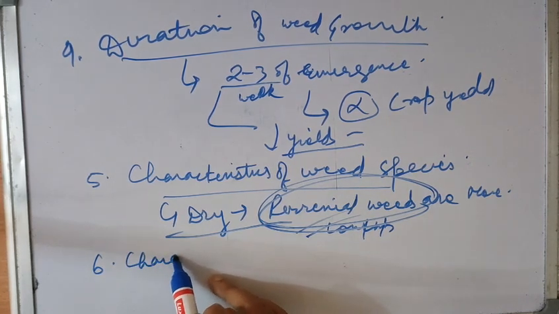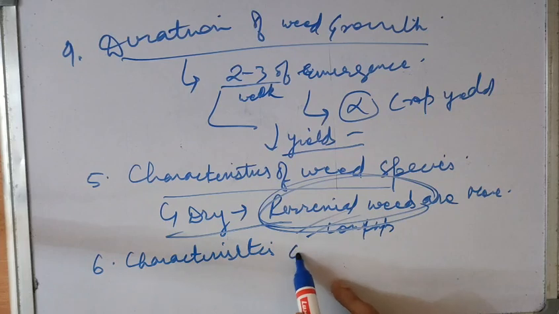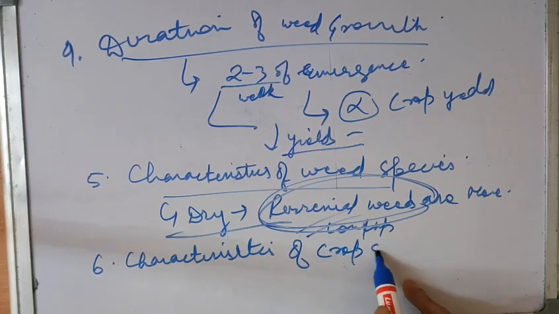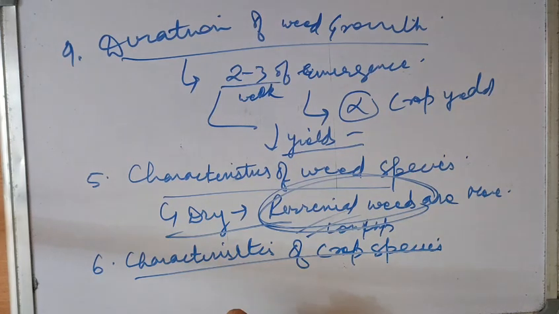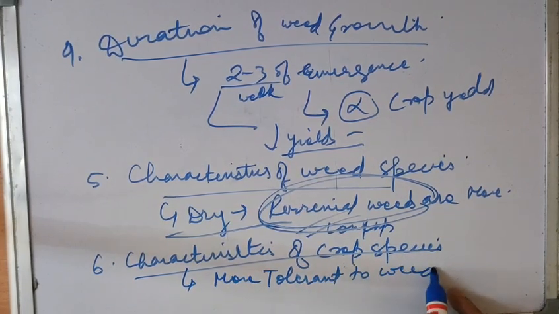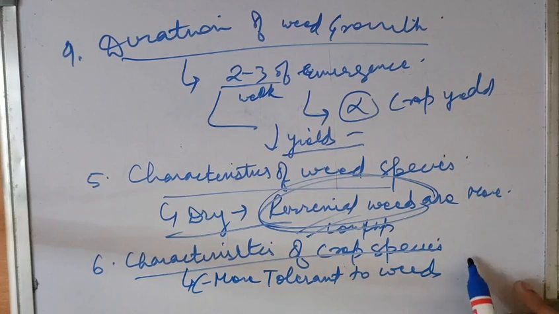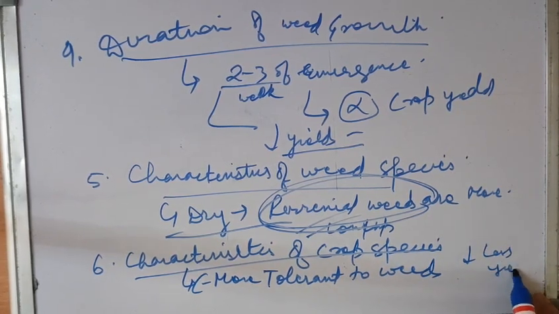Characteristics of crop species. This is the tolerance level of crops. Some crops are more tolerant to weeds. Crops more tolerant to weeds will lose less yield.